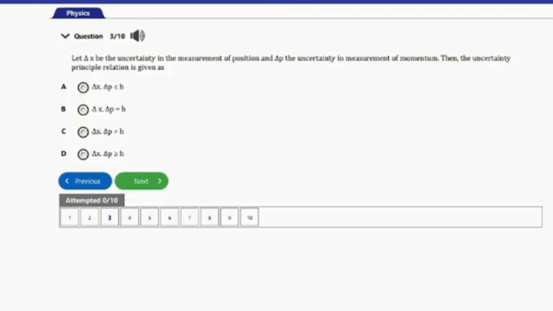B. delta x times delta p is equal to h. C. delta x times delta p is greater than h. D. delta x times delta p is greater than or equal to h. The answer to this question is option D. So that's it for this question. Let's consider the next question.